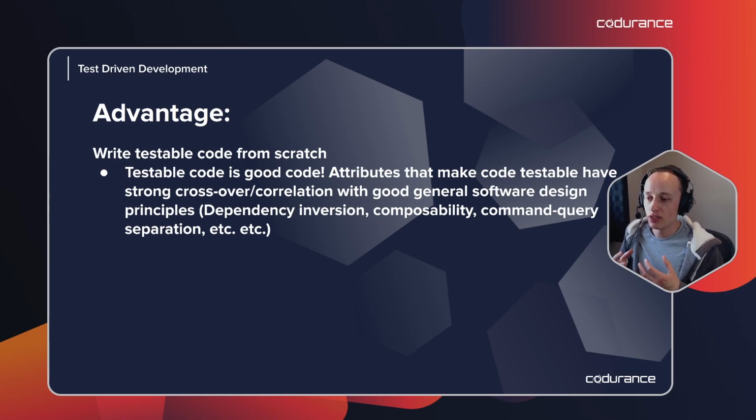The same attributes that make code testable also have a very strong correlation with good general software design principles like dependency inversion, composability, command query separation. All these things happen to cross over closely with what makes testable code. Just happens to be the same as what makes good code, and you're going to find benefits for your software design if you're testing it from scratch.